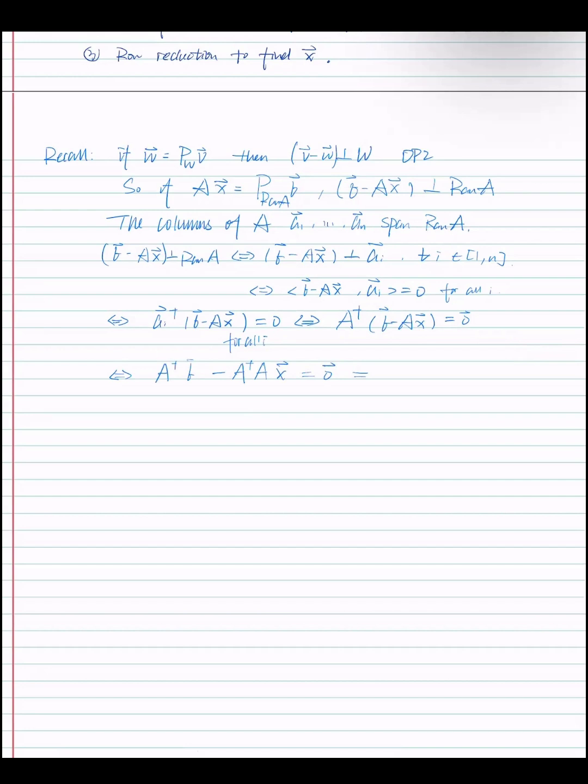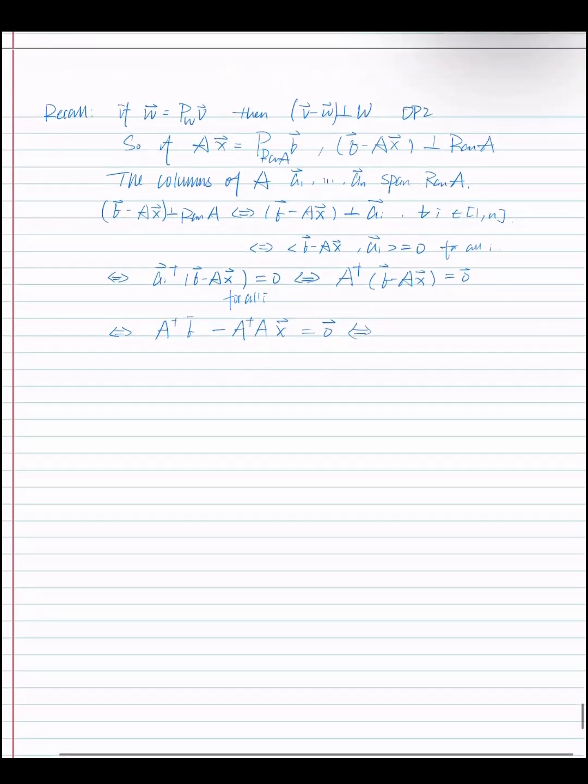Then we add this to both sides, so we will have A dagger B equals A dagger AX. Now let's do an example.